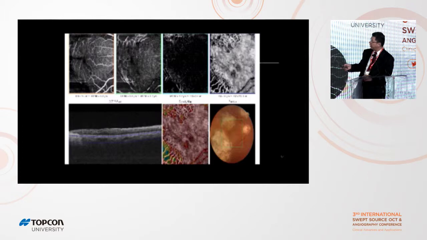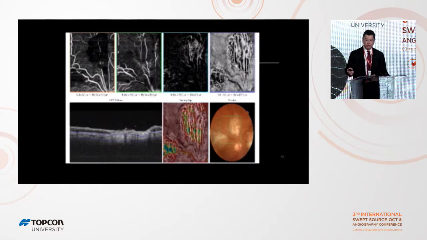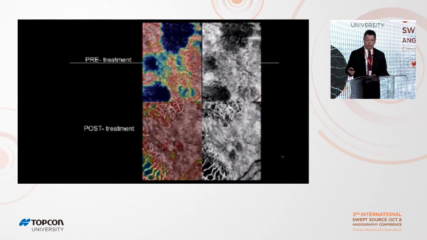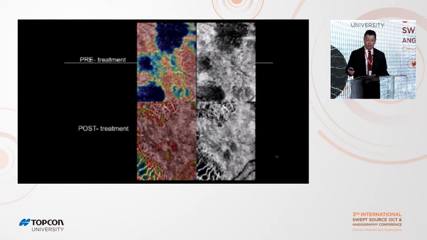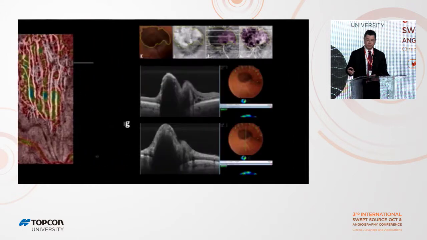So there is not a lot of vascularity that we can see before therapy in these tumors. They tend to be hyperreflective, but after the treatment, we can see a lot of large vessels of the choroid, and we can see some more examples here before and after treatment.